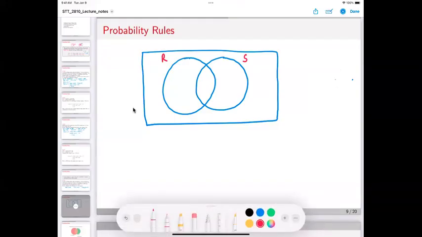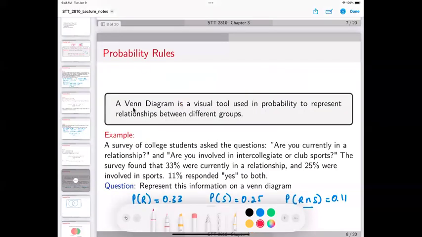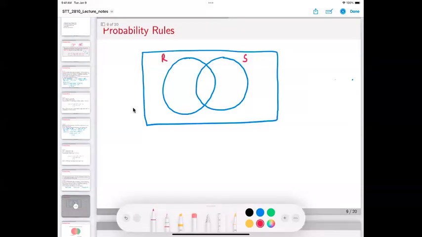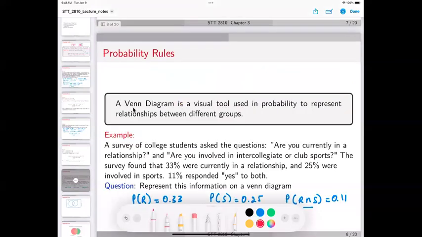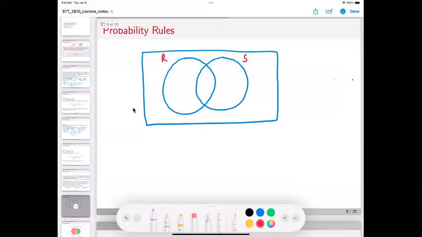Good. What is the easier information to be able to put on a Venn diagram? The intersection. We know the intersection is what? 0.11. Is that okay? Where do we put that? In the middle. Is that okay? The intersection, which says that relationship and sports is 0.11.